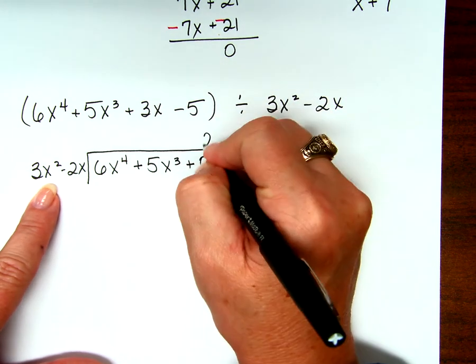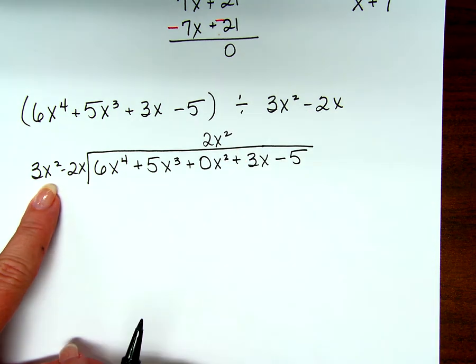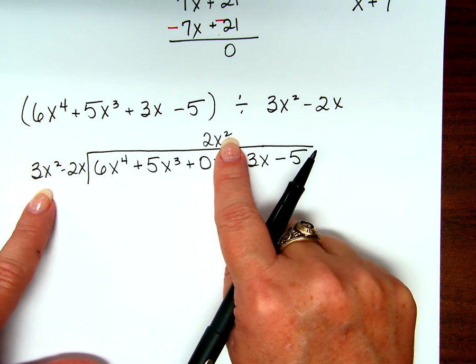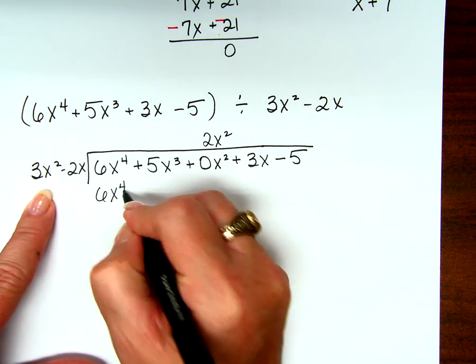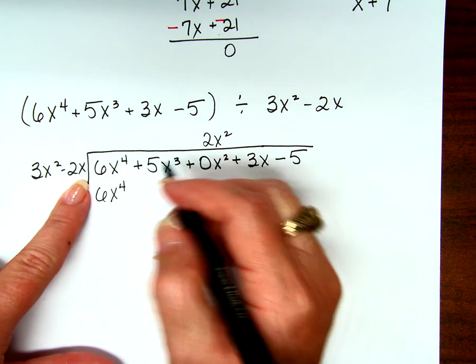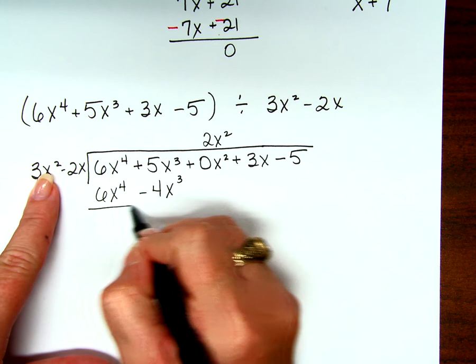So 2x squared is going to go above the x squared term. Now multiply. 2x squared times 3x squared, 6x to the fourth. 2x squared times negative 2x, negative 4x to the third.